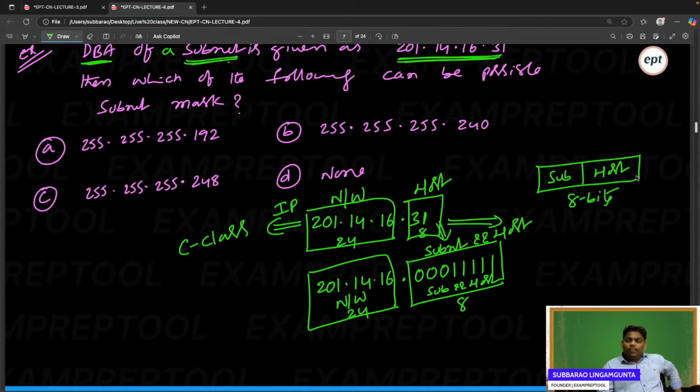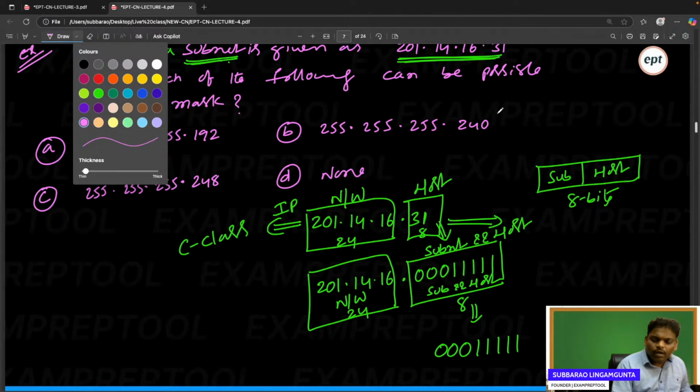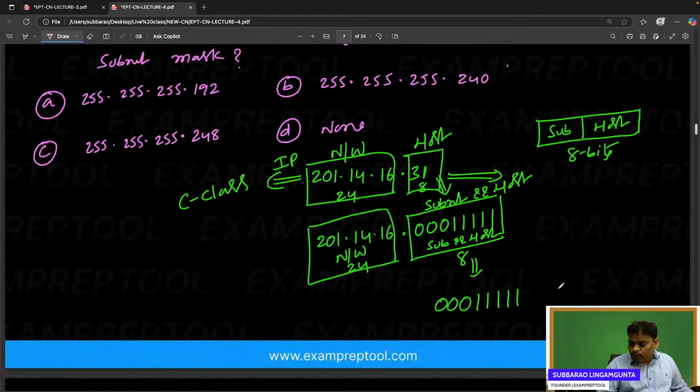Remember, it is a DBA. DBA means the host part is all ones. We don't know how many bits. Let's see: out of these 8 bits, how many belong to subnet and how many to host? We don't know.